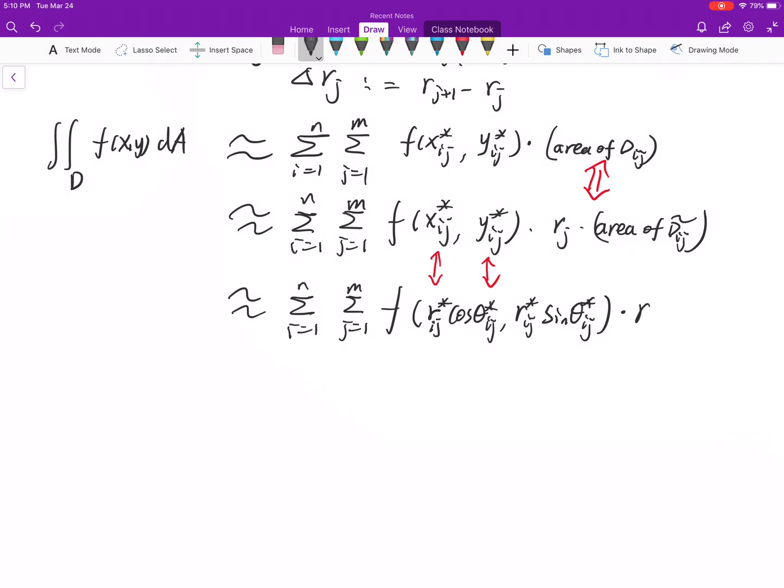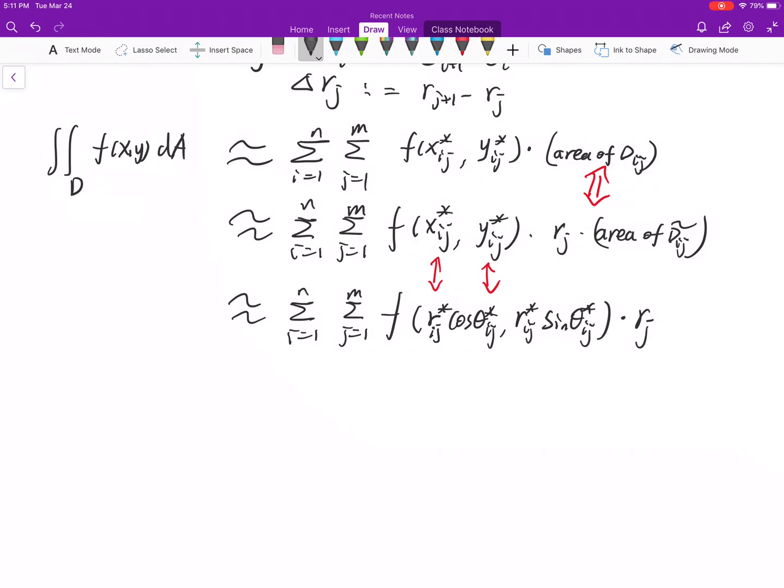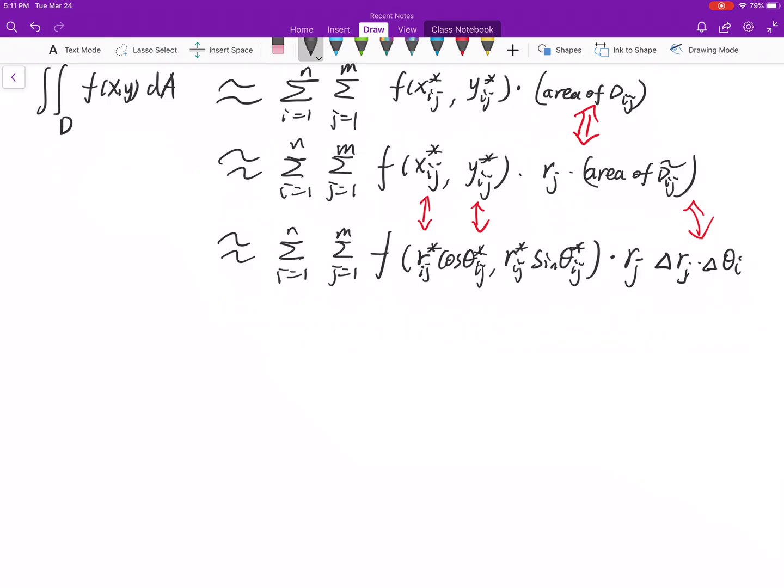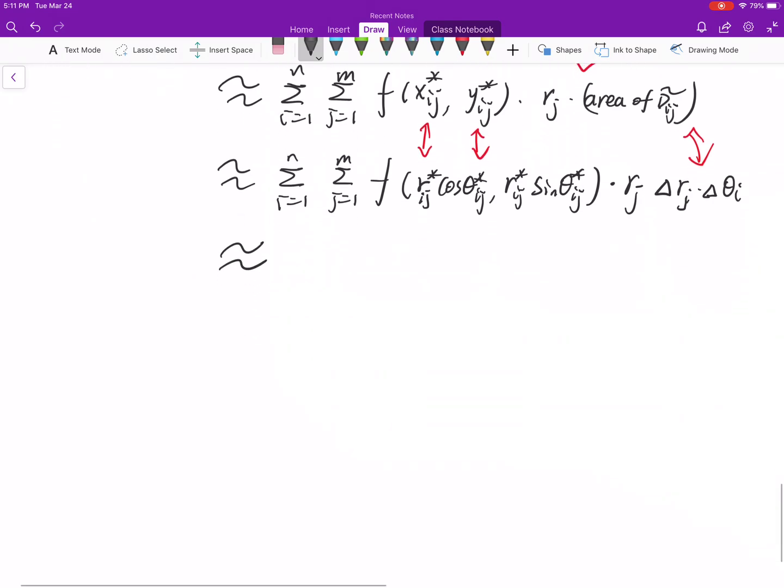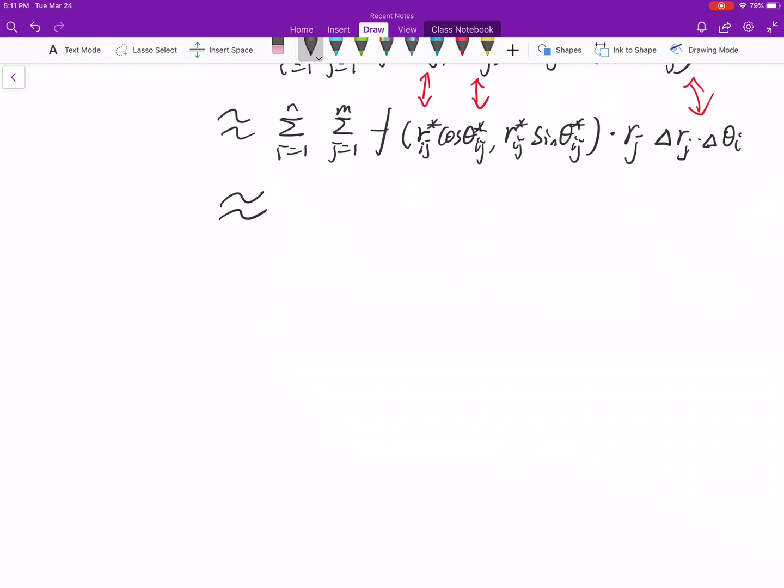And next you have this. Recall the area of delta ij is delta Rj times delta theta i. And if you forget about all the information from x, y, then what do you have?